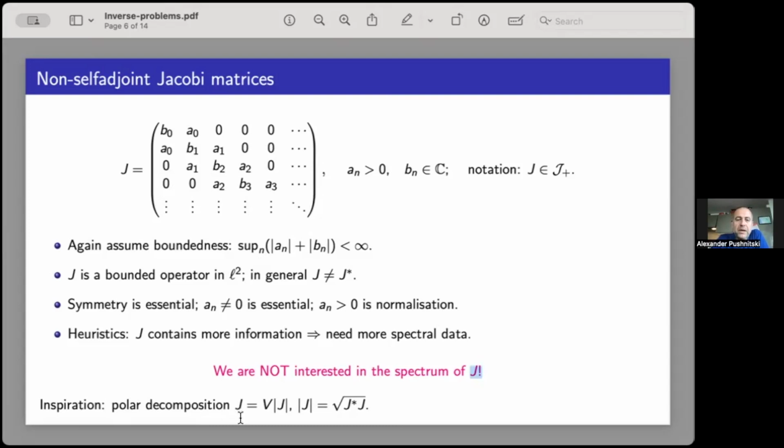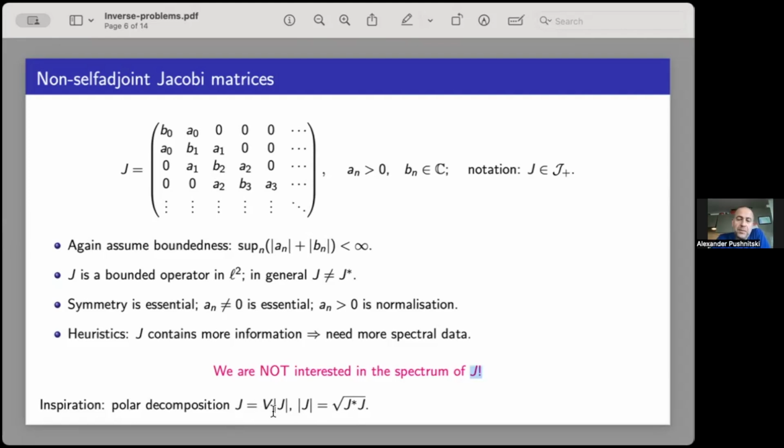Remember that any non-self-adjoint operator, in particular this one, can be represented like this: you have the modulus of J, which is the square root of J star J, a positive semi-definite self-adjoint operator, and something else that is an isometry, or in general a partial isometry.